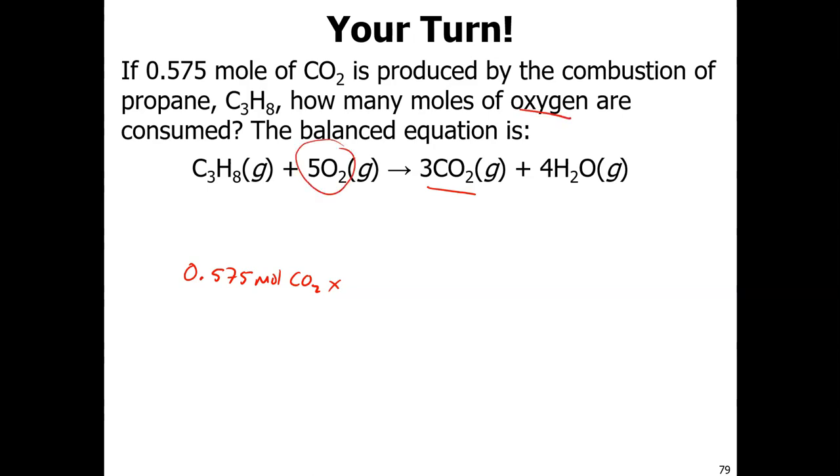I'm looking over here at what I have. So my conversion factor is 3 moles of CO2 is equivalent to 5 moles of O2. I'm using these stoichiometric ratios to create this new equation here.